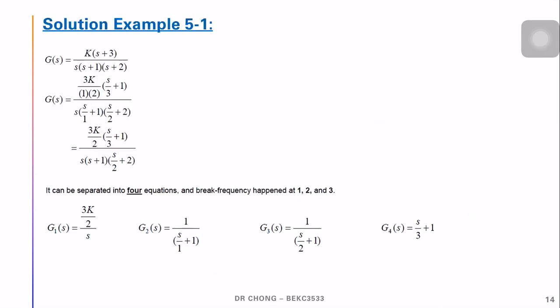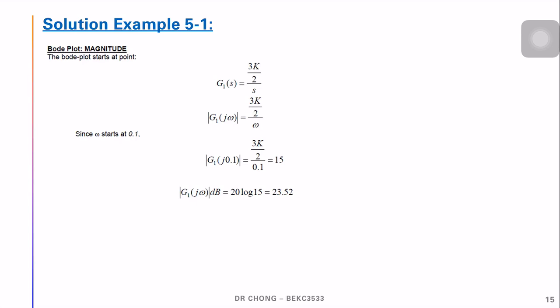So now look at this. I have shown how to get this one, and next, this is the frequency that you can get. If you want to plot the magnitude, you need to find the starting point. Usually this gain will let you know.